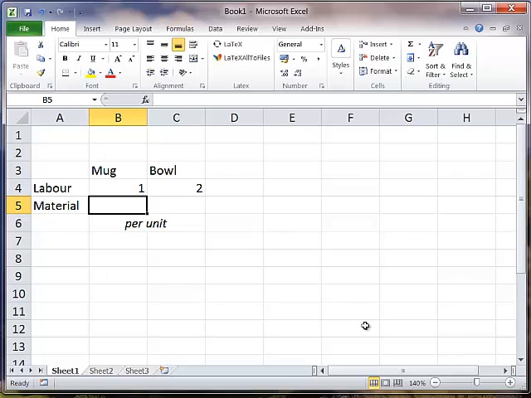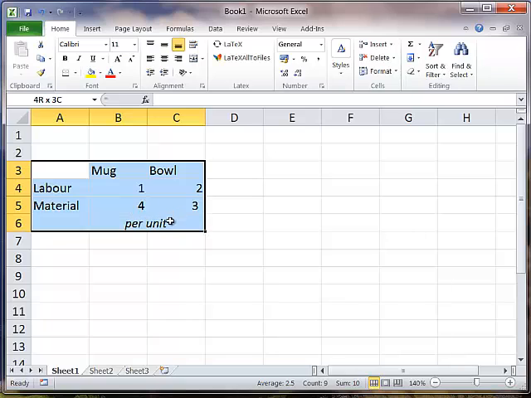For the material we need 4 pounds of clay to produce one mug, and 3 pounds of clay to produce one bowl. We also have got the profit. I'll still wait with that a bit.